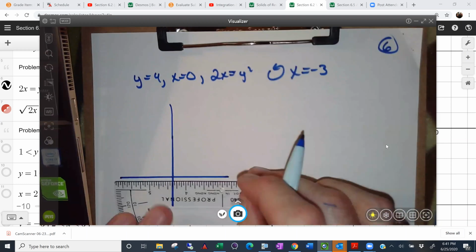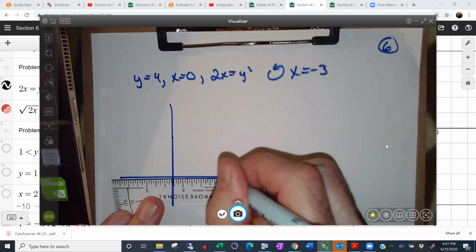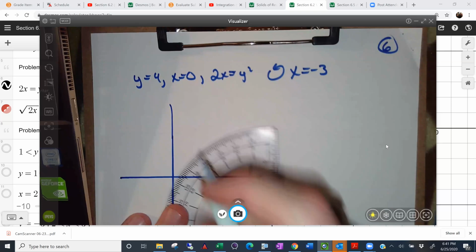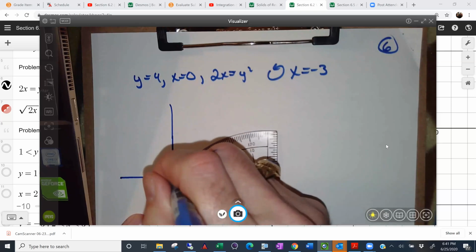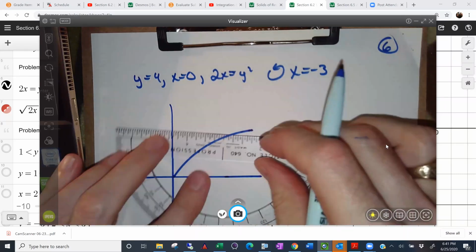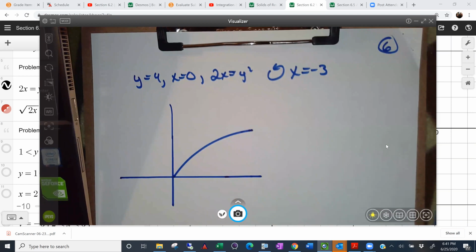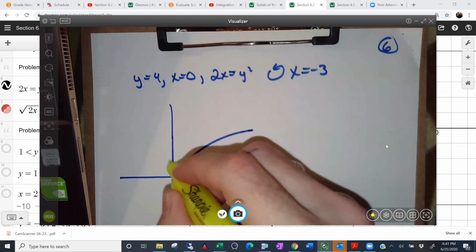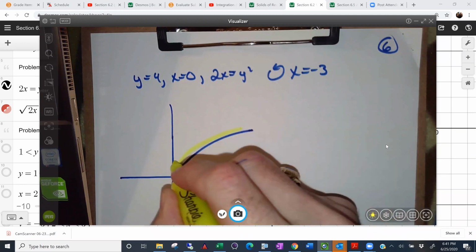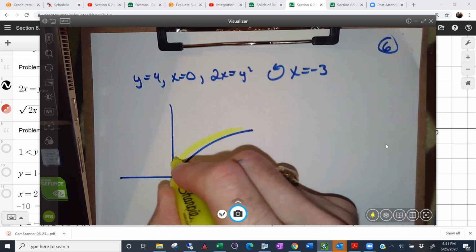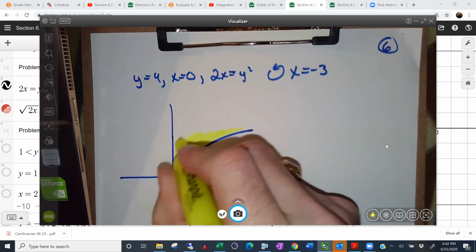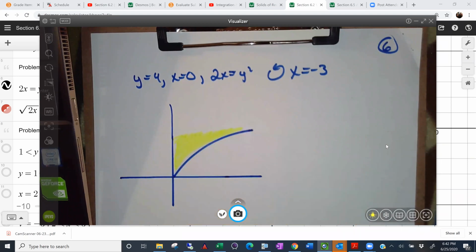I think I want to give myself a little bit more room here in the x direction. Let's shade this in. So we're using the same region. We're just rotating around a different line. I want to see what effect that makes on our volume and on the setup. Of course, the setup is the biggest part of this.